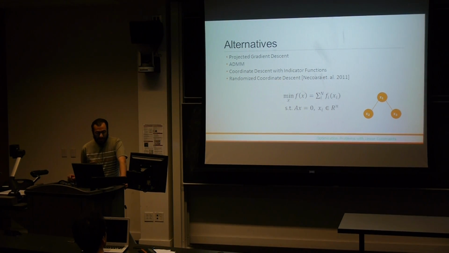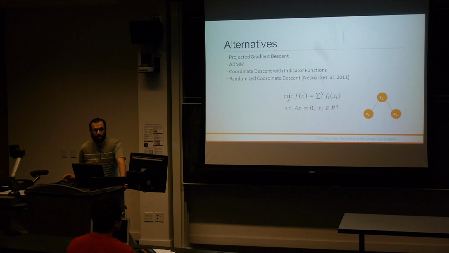ADMM is another alternative, but it's not inherently parallelizable for a general A matrix. You can apply coordinate descent with indicator functions, but in our case we have coupling constraints, so you can't update individual variables, otherwise you will lose feasibility.